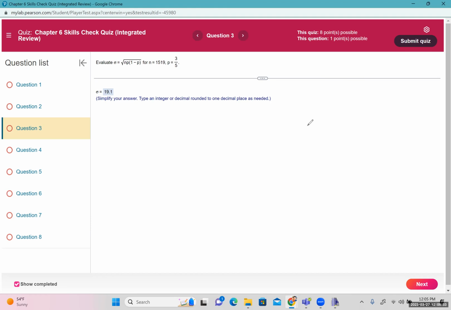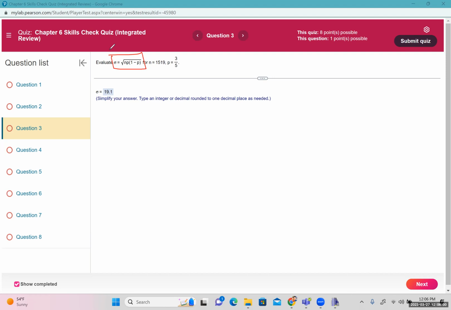Okay. This is evaluate the sigma, which is population standard deviation formulas. So this formula is just for the 6 only.